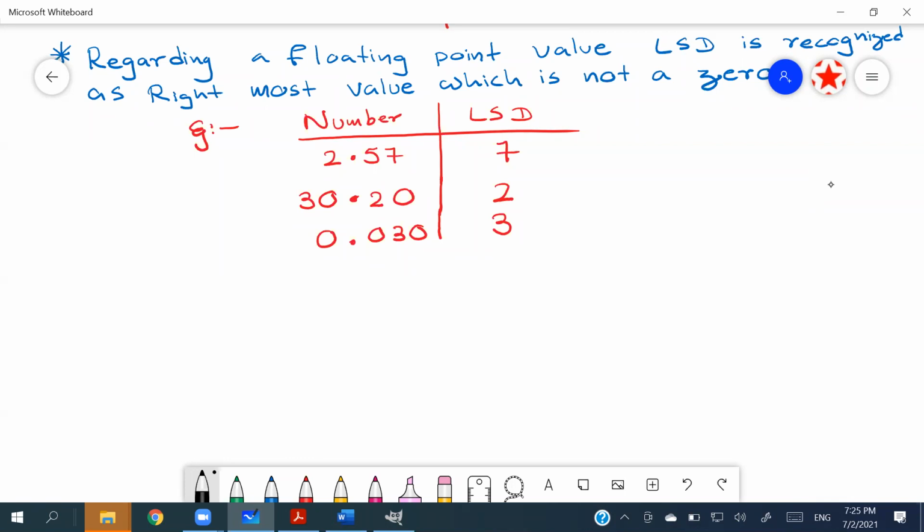But if you find a zero as the leftmost one, disregard that, go for the previous one or the one before the zero, right? So the leftmost character of a value will be recognized as the most significant digit, right? All right, so let's write it down. Most significant digit.